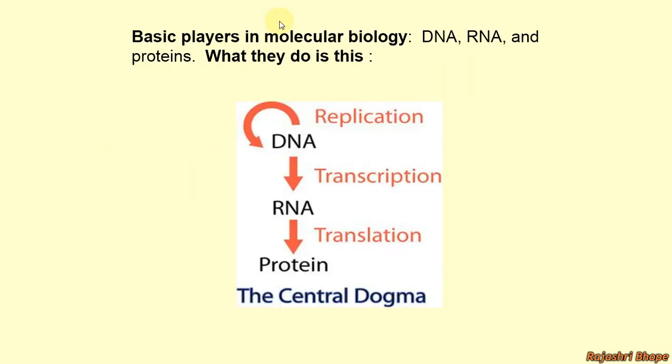Now when this DNA is duplicated with the help of the enzyme DNA polymerase, the process is known as replication. When DNA is transcribed to RNA with the help of the enzyme RNA polymerase, the process is known as transcription. In a few organisms, RNA is reverse transcribed and double-stranded DNA is formed.